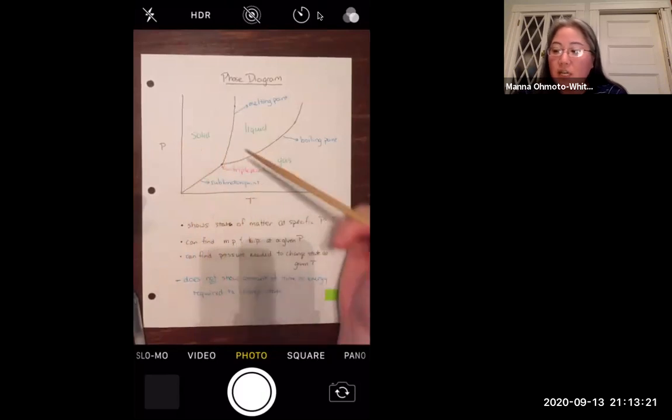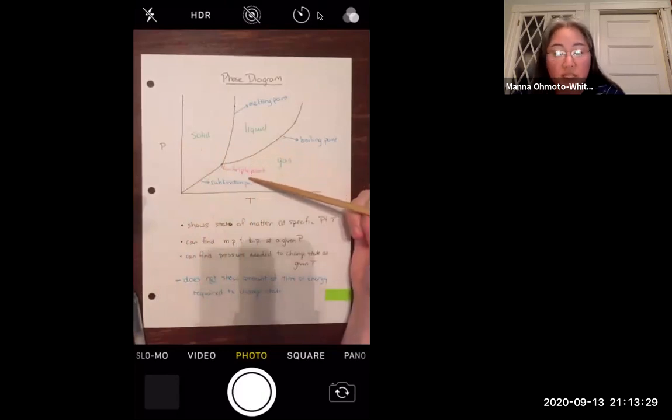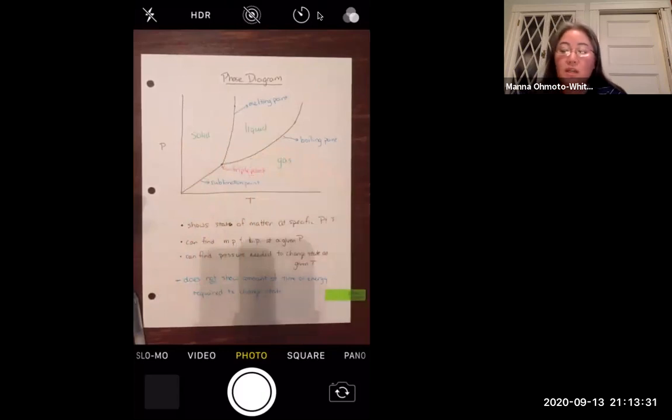Or I could say, if I want to go from a liquid to a gas and keep the temperature the same, I could decrease the pressure in order to get that change of state. One thing that a phase diagram doesn't show you is the amount of time or energy required to change the state. So this is a generic phase diagram.